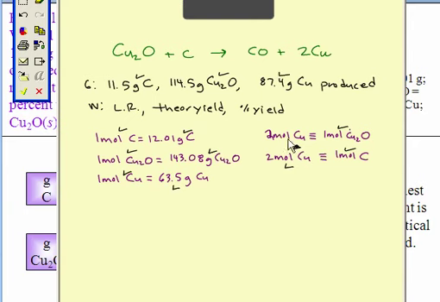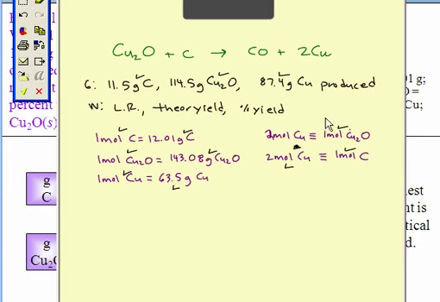Now in this case I'm going to have an extra mole of copper here because I've got to do my conversion 2 times. This is the one example of when we're not going to have 2 of each, because I've got to do this conversion 2 times.